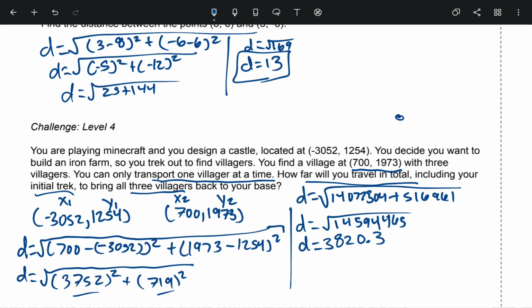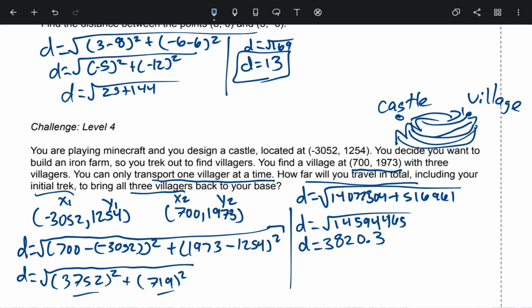Now remember, we are making multiple treks here. We started at our house, or our castle, and we found the village. So we went there once, and then we have to come back for the first villager. Go back, come back, go back, come back to get all 3 villagers there.